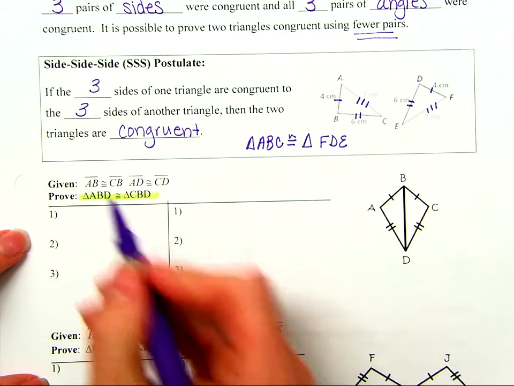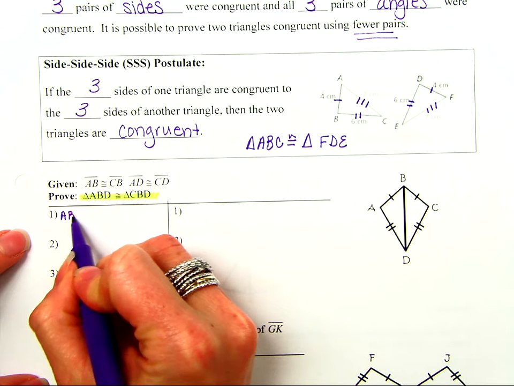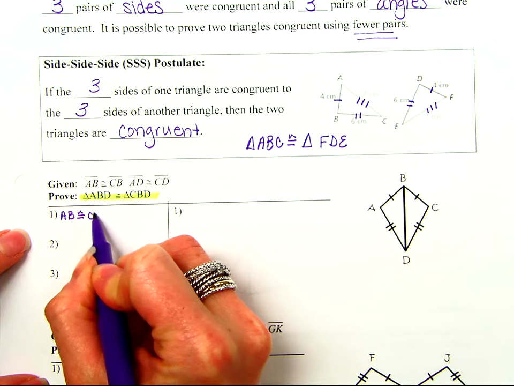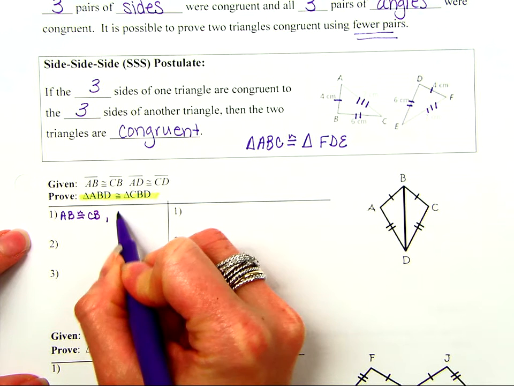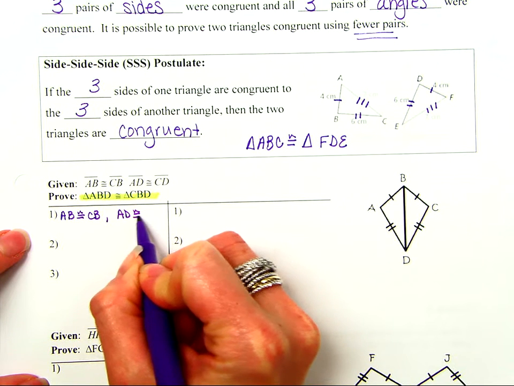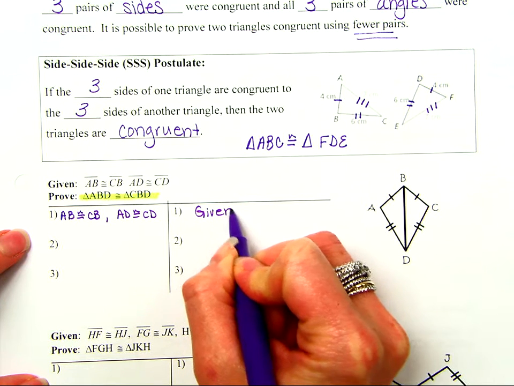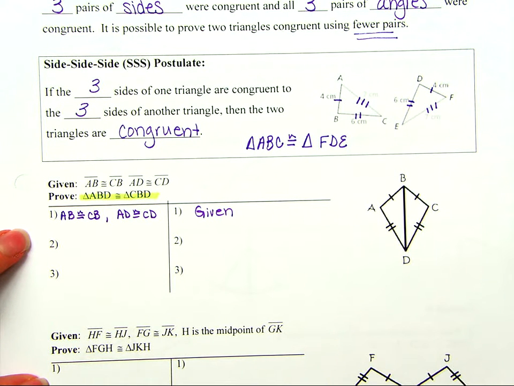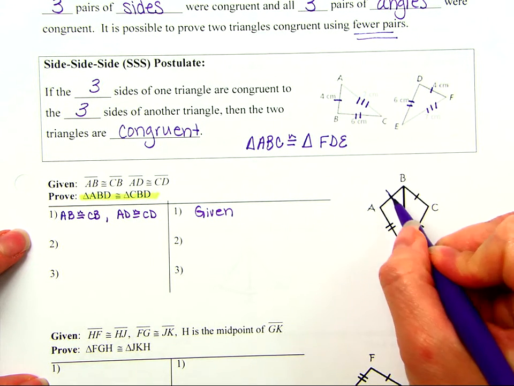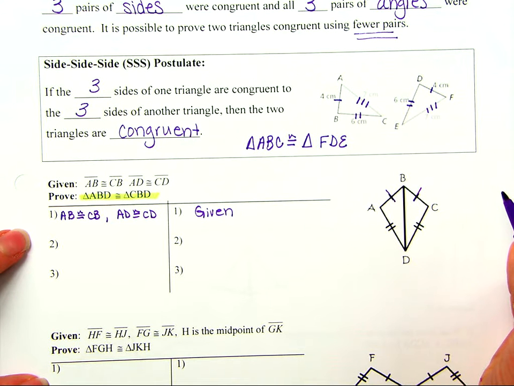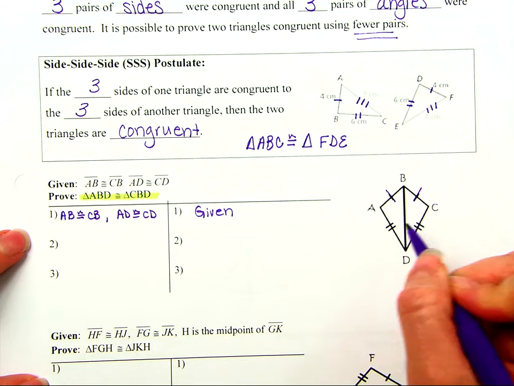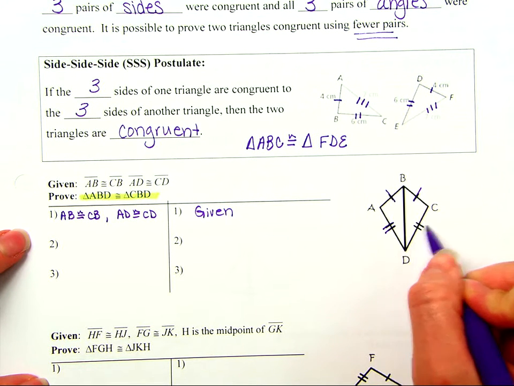We know that we're always going to start with our givens, so I'm going to go ahead and say AB congruent to CB, AD congruent to CD. And we also want to double check that that is marked on our picture. AB congruent to CB would be these tick marks right here. AD congruent to CD are the double tick marks.